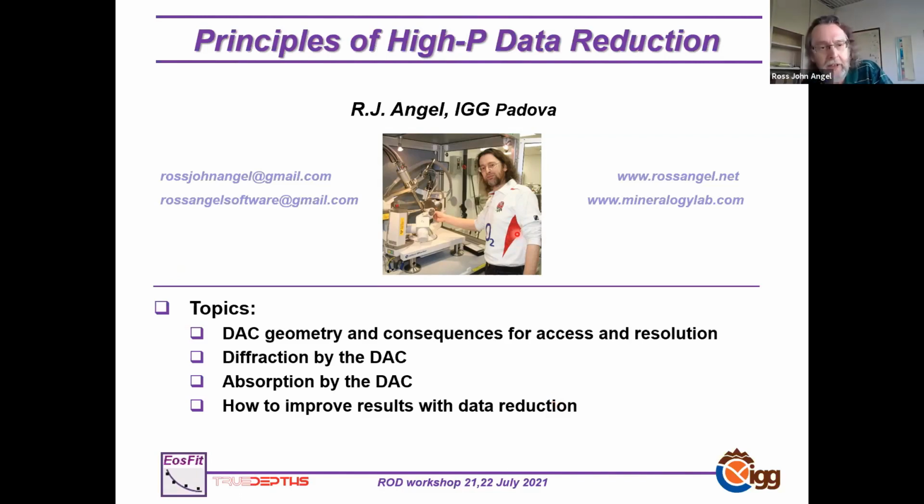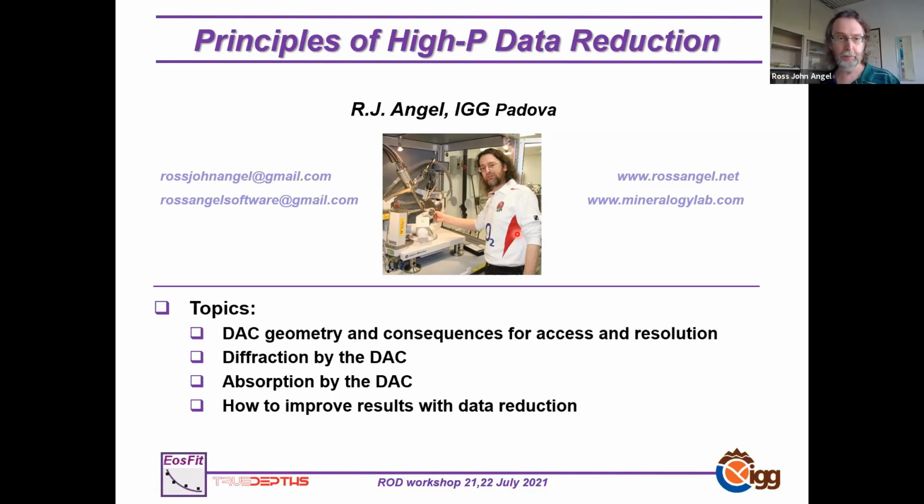What I want to do today is summarize a lot of the things that people have already told you in this workshop and discuss their implications for data reduction after you have collected your data. And I feel it's important for you to understand the issues here so that you can optimize your data reduction and improve your refined structures and the precision and accuracy of the structures that you are determining at high pressure.